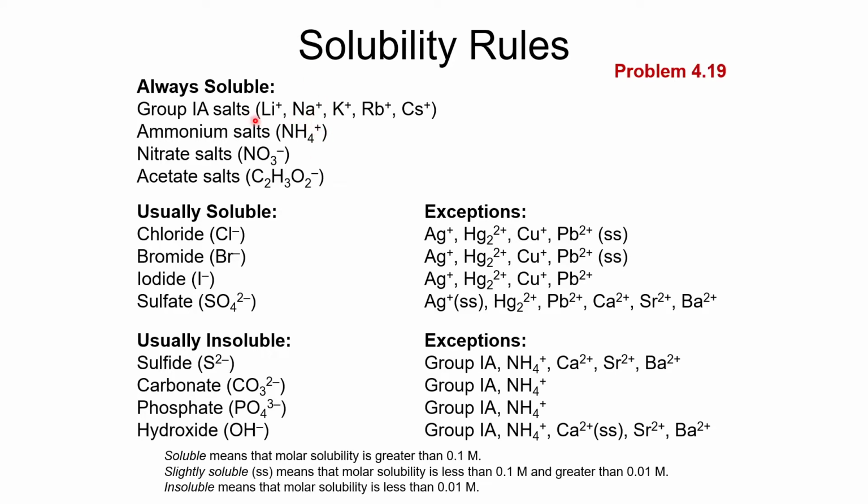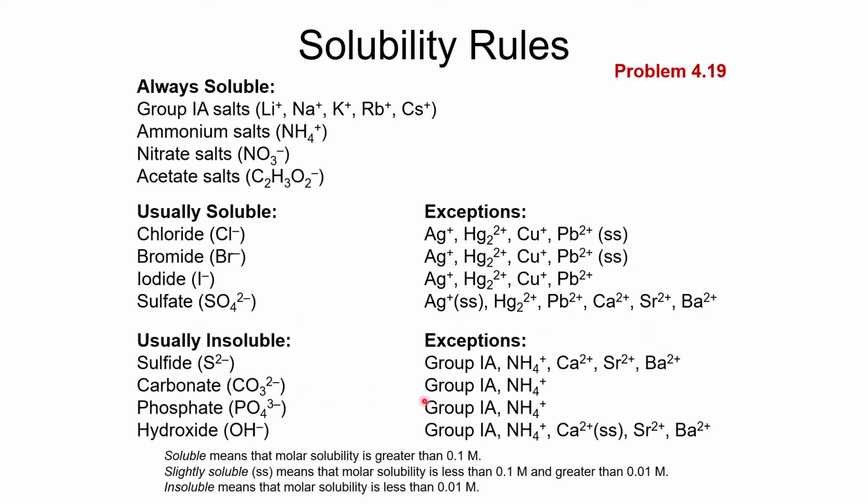So group 1s are exceptions, and ammonium salts are exceptions. And for sulfides, we'll find that those 3 in group 2, the calcium, strontium, and barium ions, are soluble. So calcium sulfide, strontium sulfide, and barium sulfide are quite soluble.